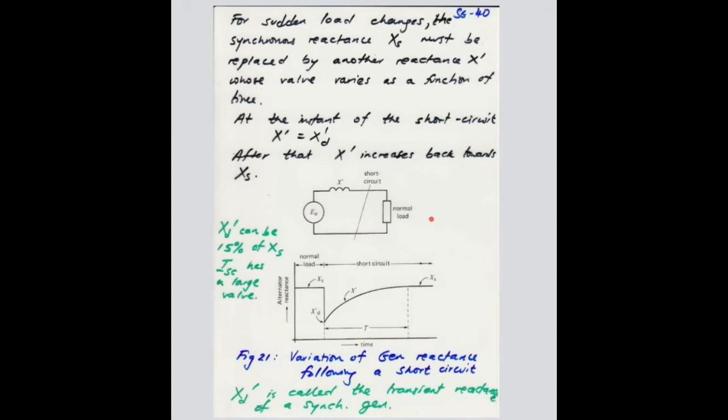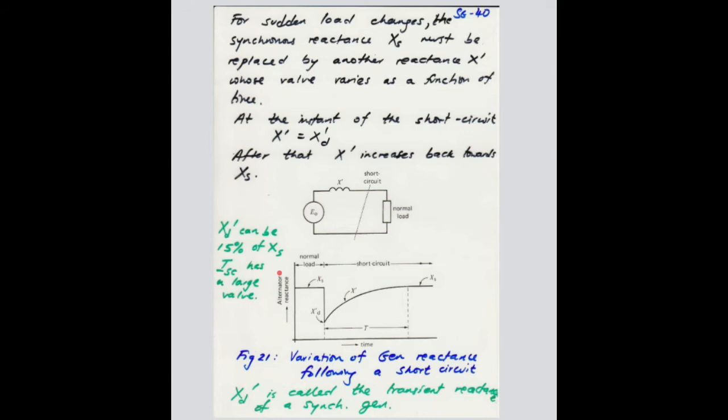And how we do that is we replace this reactance, which was originally Xs, with a reactance that is time variant.